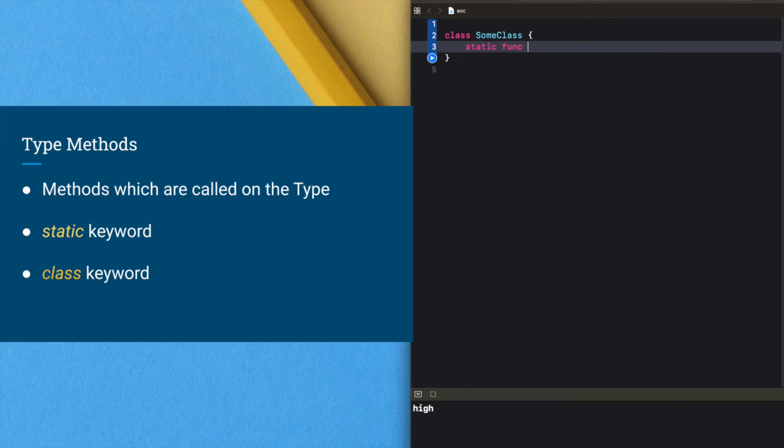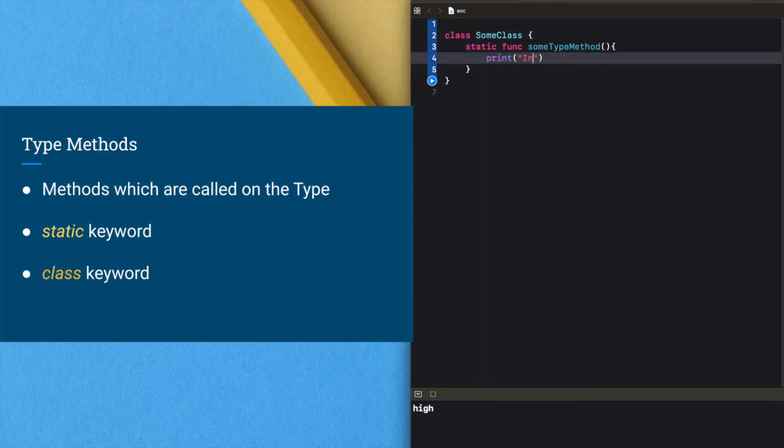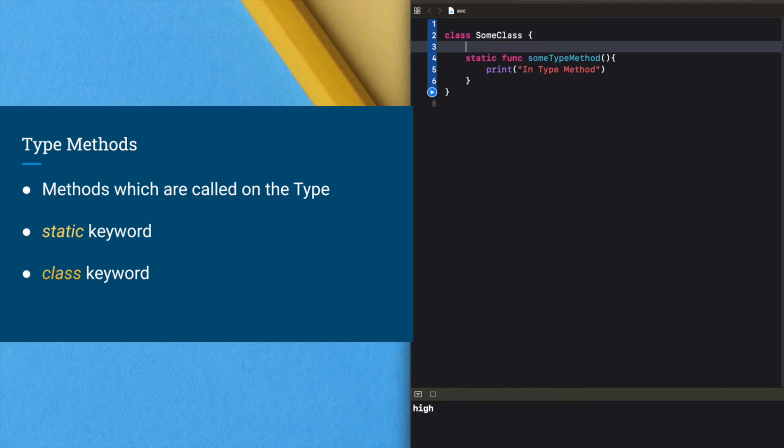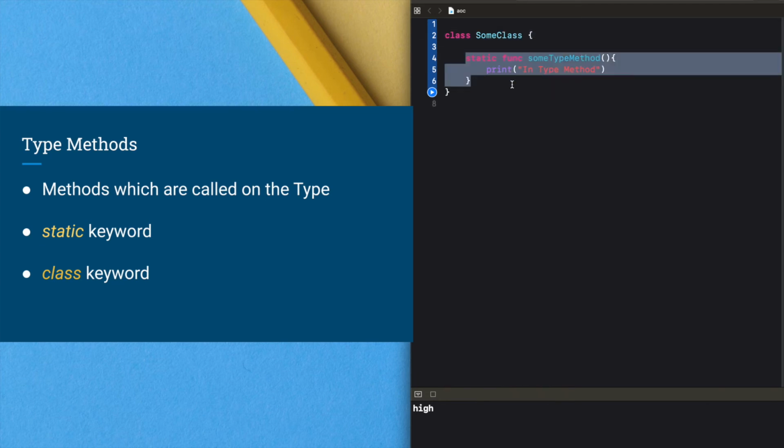By declaring it with the static keyword, it is a type method. So this is how we declare a type method using the static keyword.